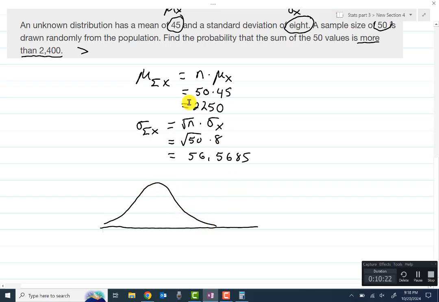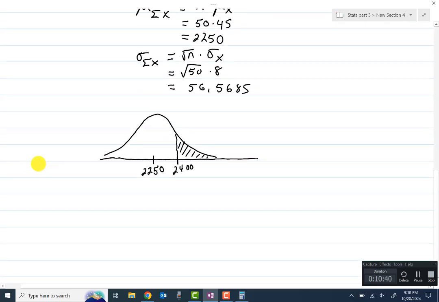This will be my mean here, the 2250, and we want to know if it's more than 2400. So we're looking for the area inside that tail end. Let's go ahead and calculate the z-score.